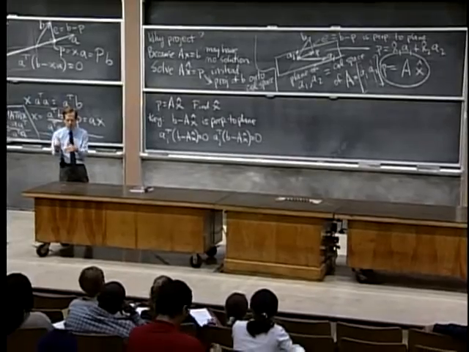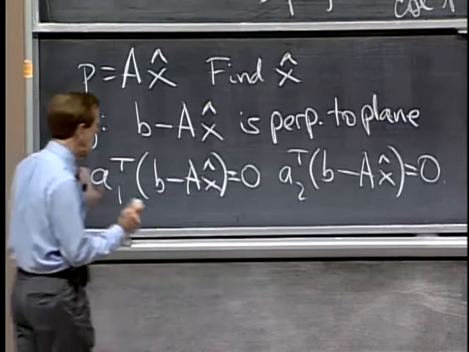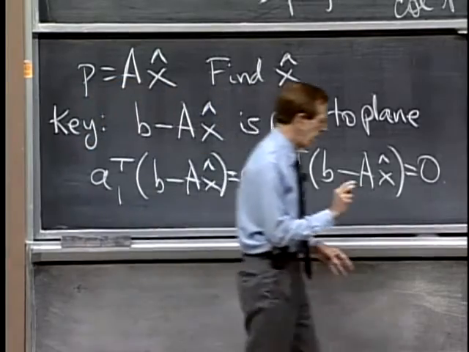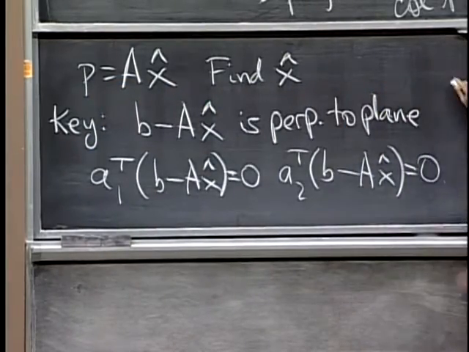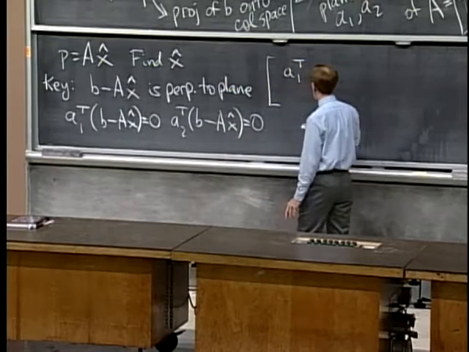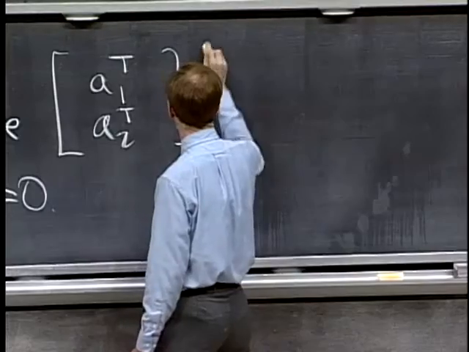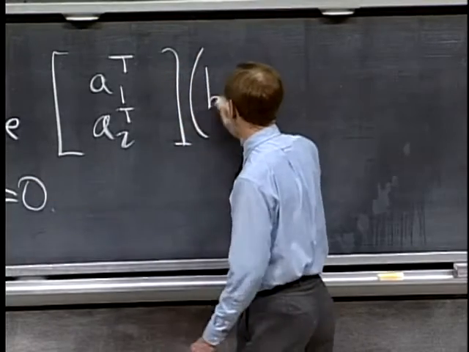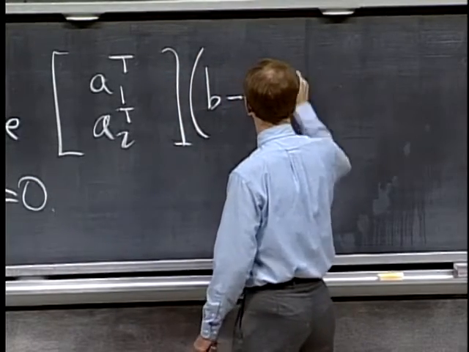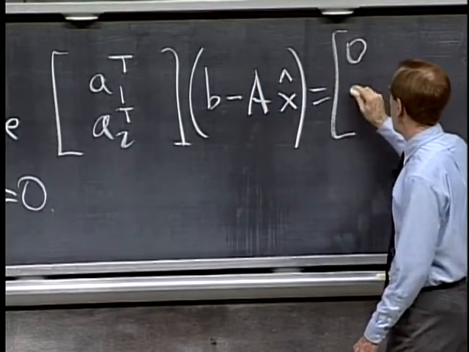I want to put those two equations together as a matrix equation. And it just comes out right. Look at the matrix A transpose. Put A1 transpose as its first row, A2 transpose as its second row. That multiplies this b minus A x hat and gives me the 0 and the 0.